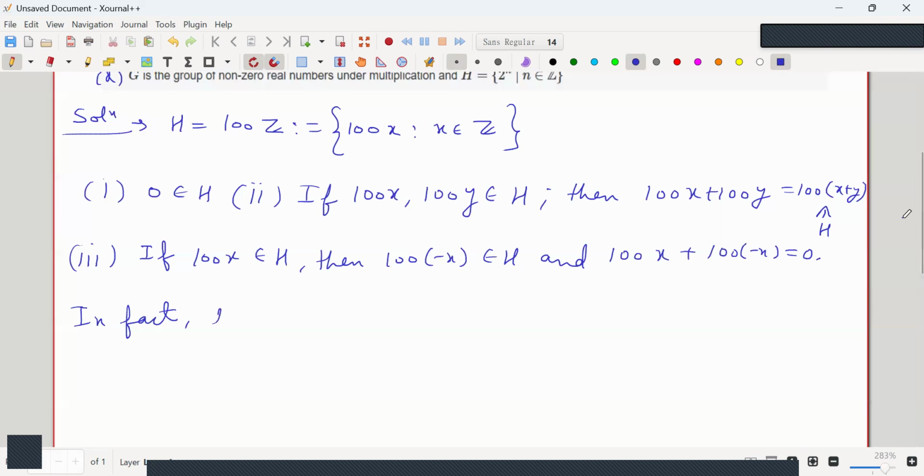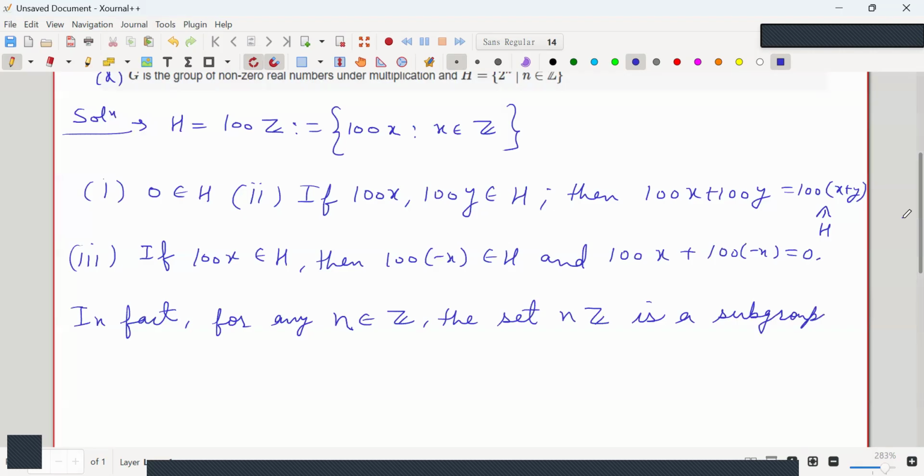So in fact, for any n belonging to Z, the set nZ is a subgroup of Z. That we have already seen.